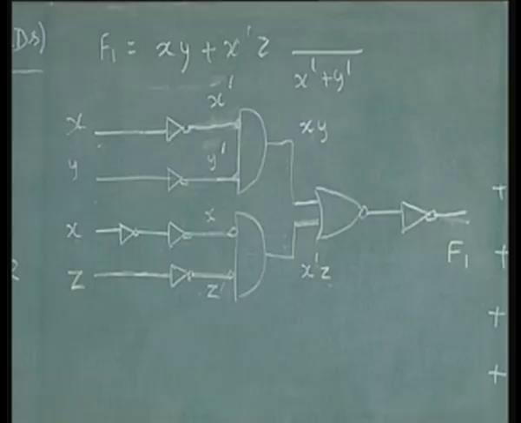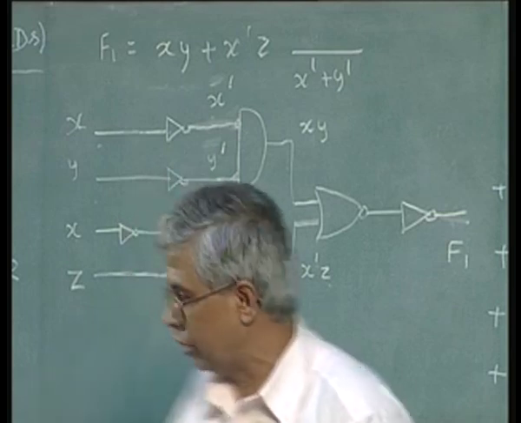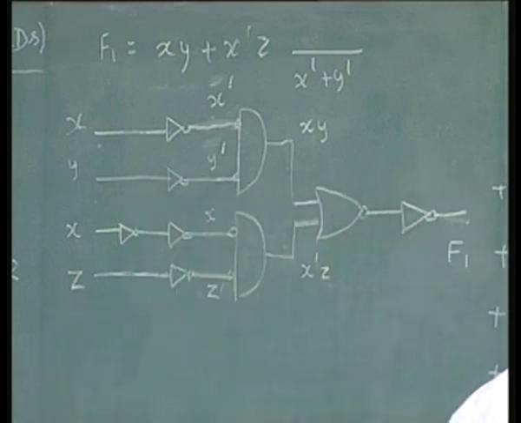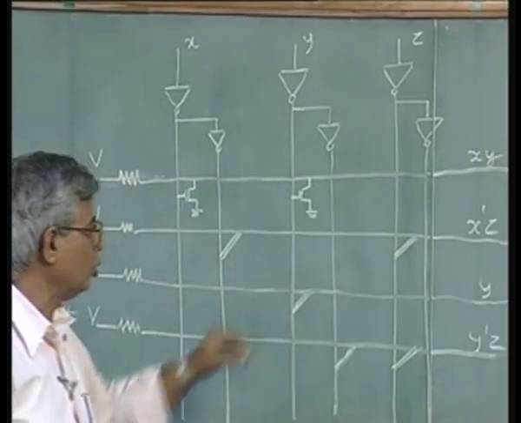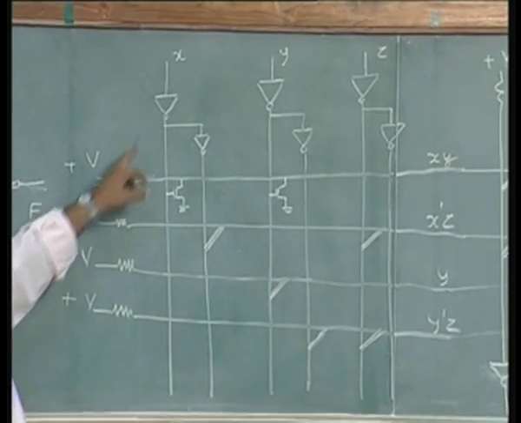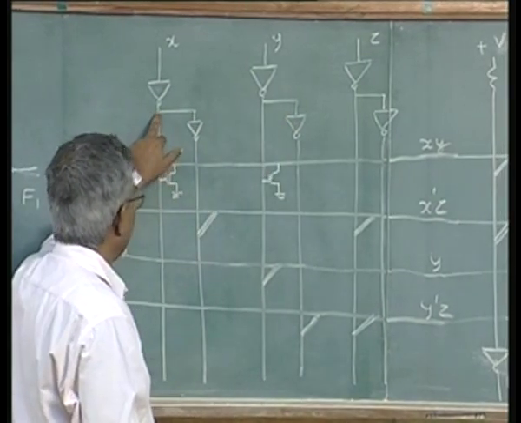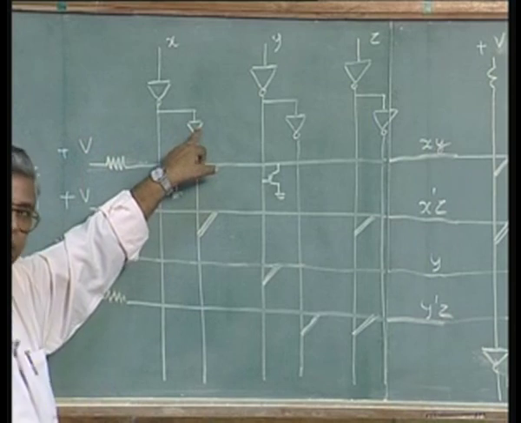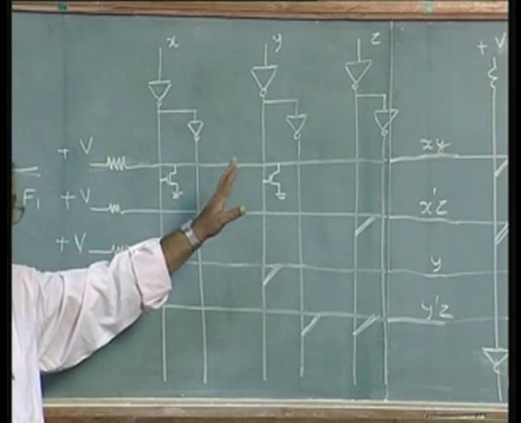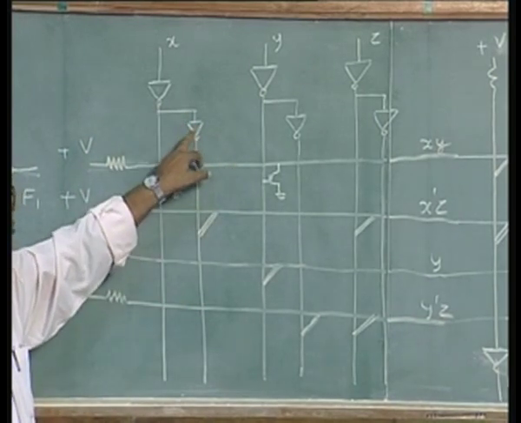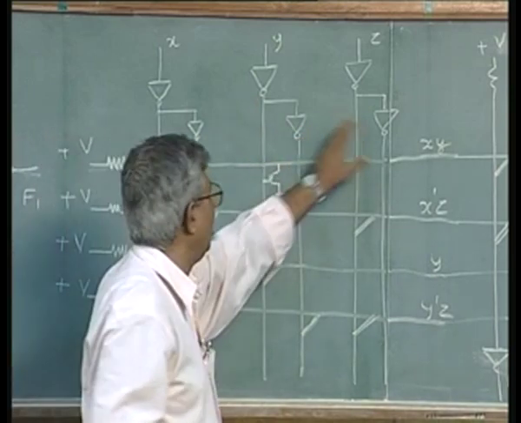If you go back to the example we did, F1, F2, F3 with 3 inputs X, Y, Z and 3 outputs F1, F2, F3, this is what the circuit is going to be. These are the inputs, with an inverter. This was the original inverter which would have been required in the original AND OR configuration. I use X bar, Y bar, Z bar with an inverter.